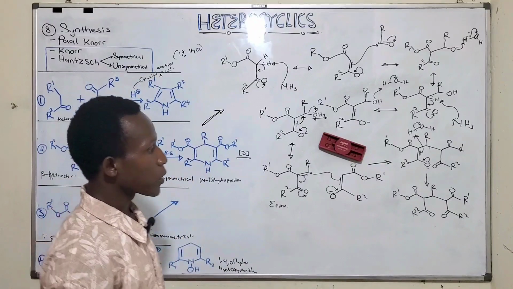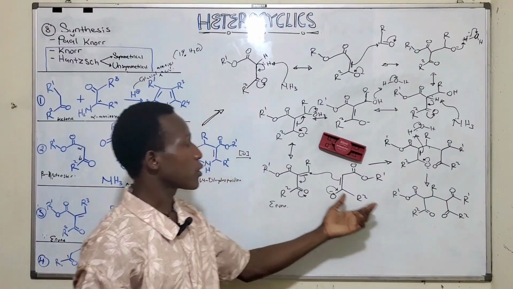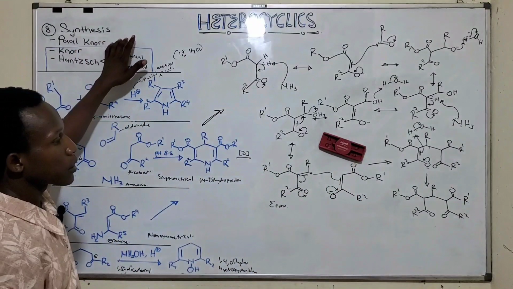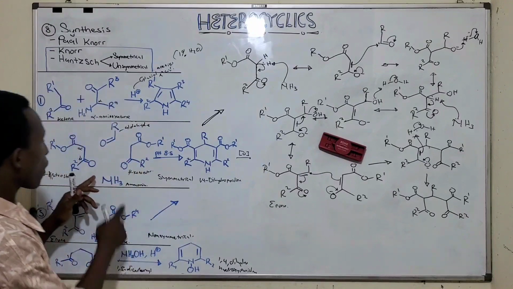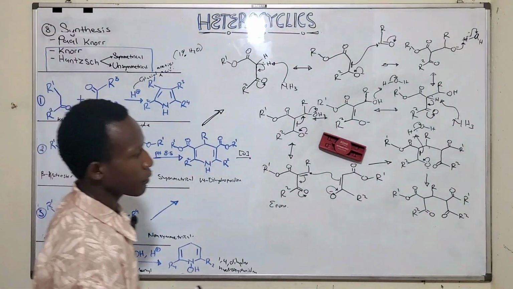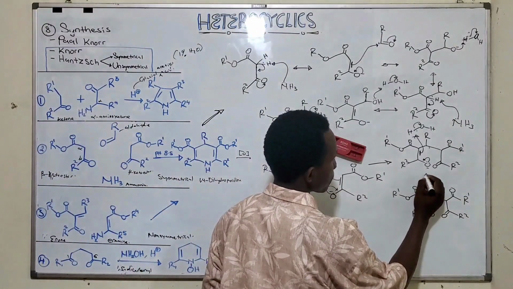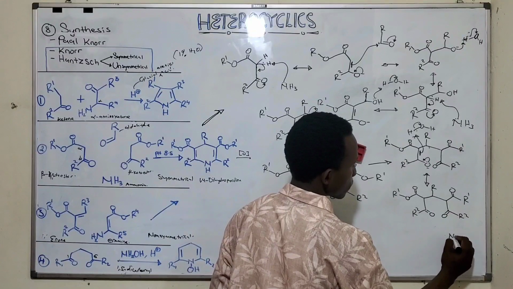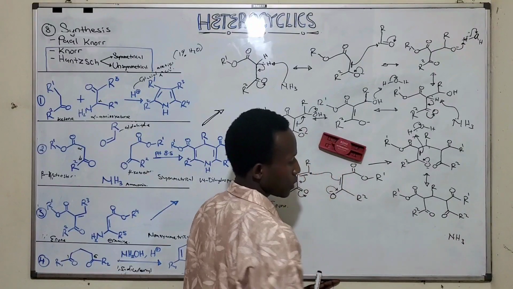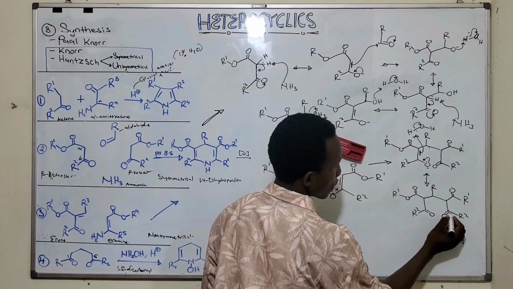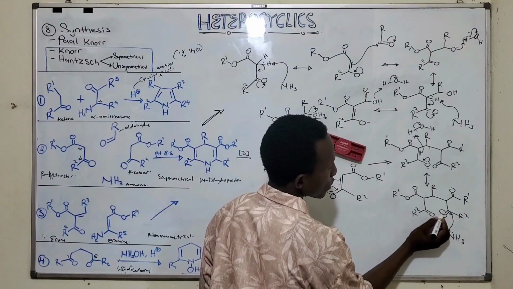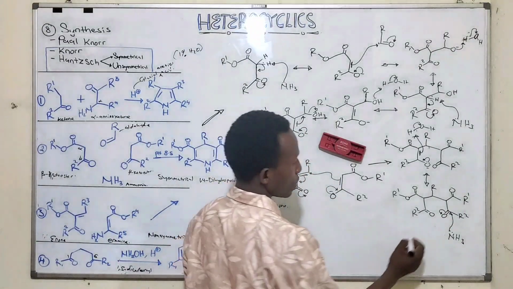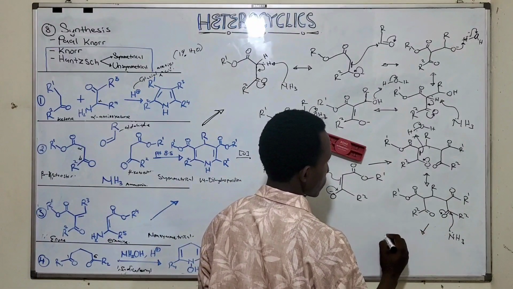So same principles now here as those we saw in Knorr synthesis. We have our ammonia. Ammonia will come as it attacks the carbocation formed as this oxygen pulls electrons from this.